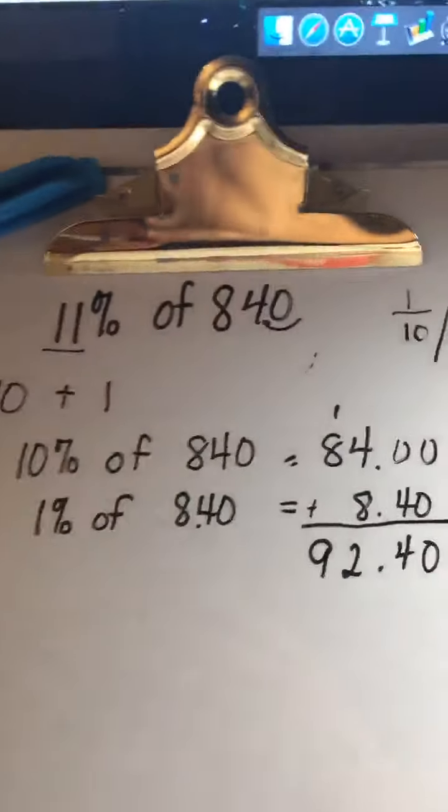So in your book, you have the quick check: use mental math to find 40% of 2,400. So what you can do is, 40% is like 4 groups of 10%, right? And remember how I said with the 10%, you just move the decimal point over one space?